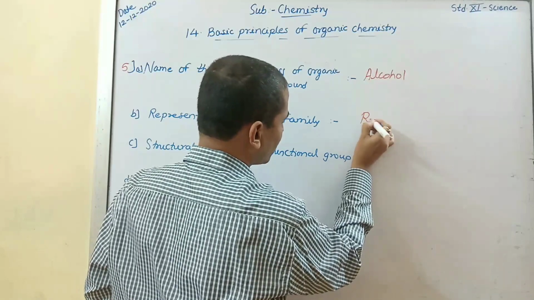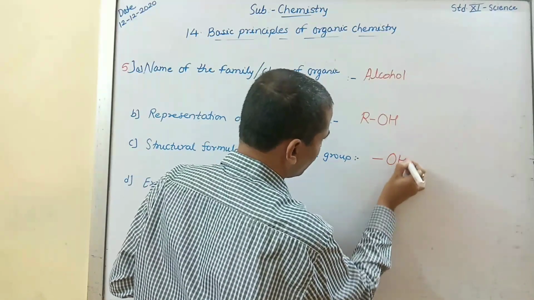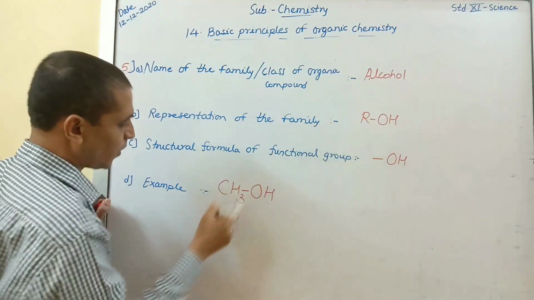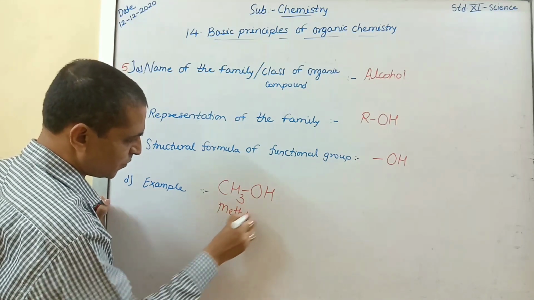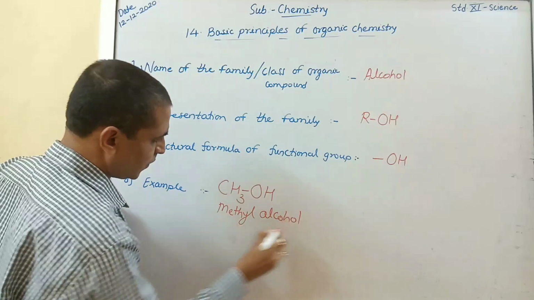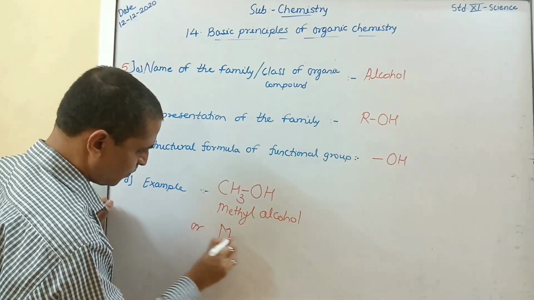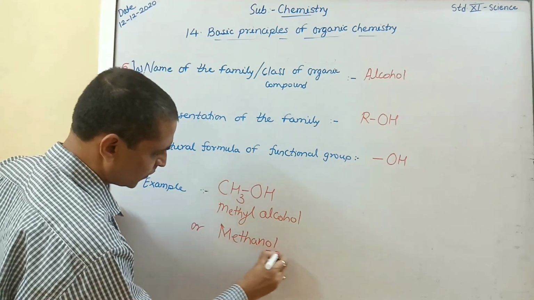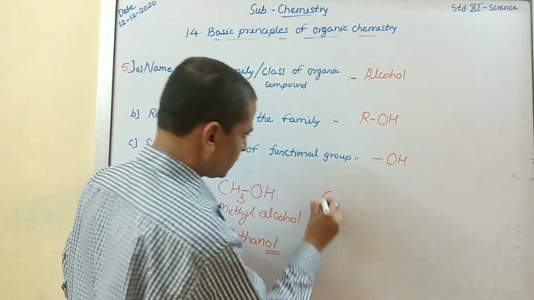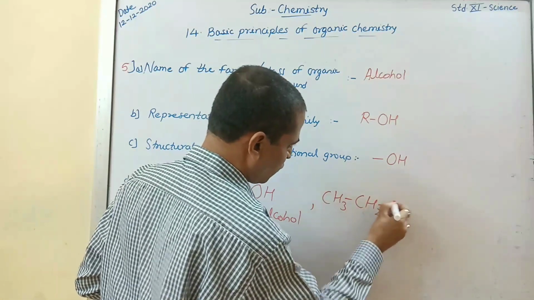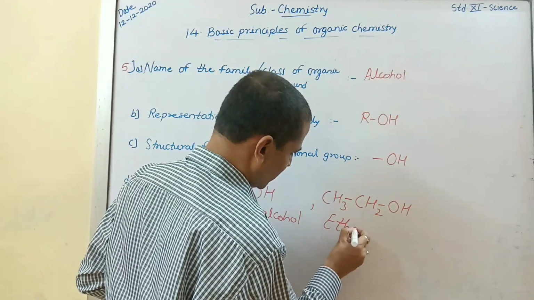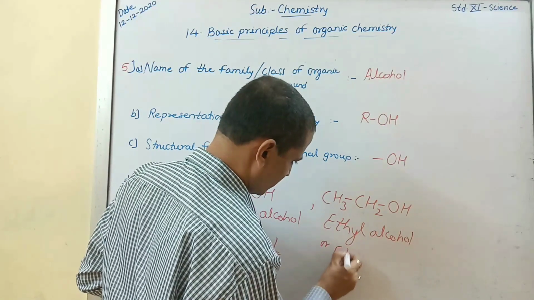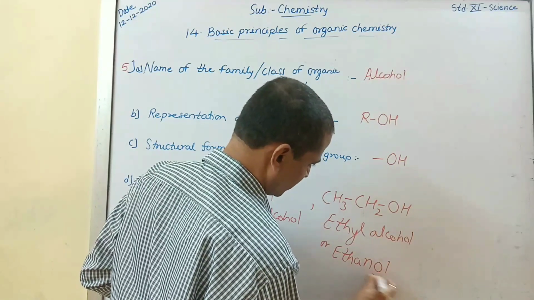See the formula ROH. This OH is the functional group. Now see the example. If I put here CH3OH instead of R, CH3 means methyl and OH means alcohol. It is also called methanol. Remember, if I put here CH3CH2OH, it is called ethanol or ethyl alcohol.